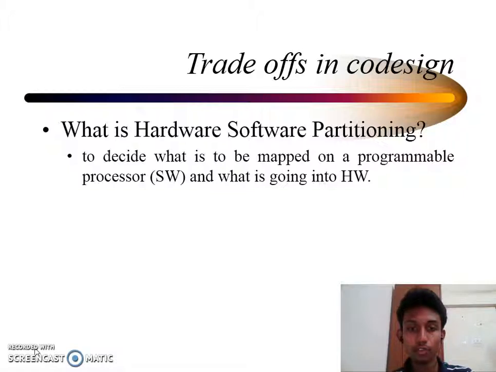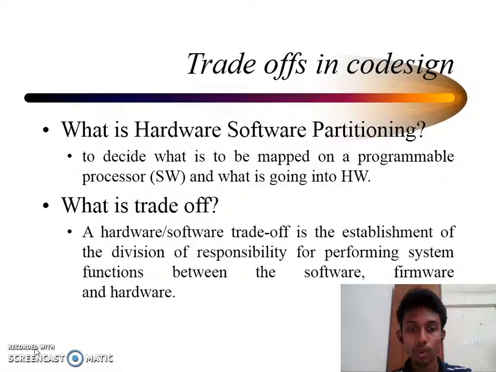So hardware and software partitioning is a decision process where we decide what is to be mapped on a programmable processor, that is software, and what is going into hardware based on design constraints. The hardware-software trade-off is the establishment of the division of responsibility for performing functions between the software and firmware and hardware. We generally don't take into account firmware, so it's basically software and hardware.